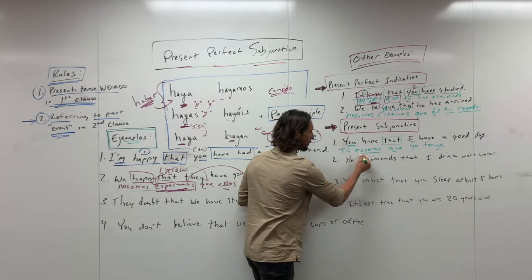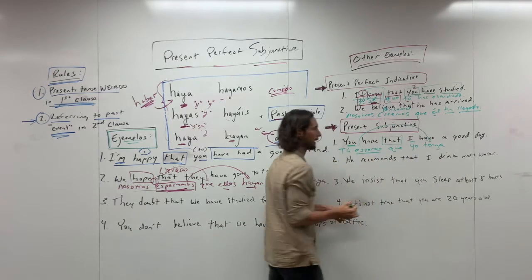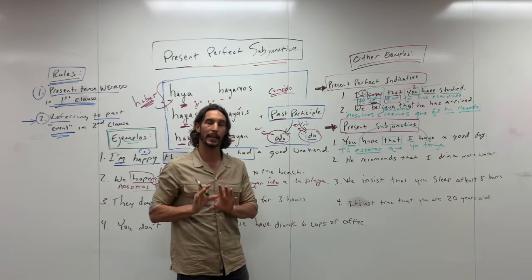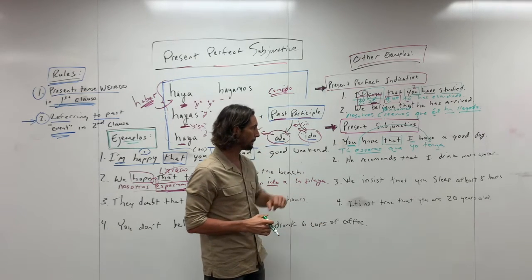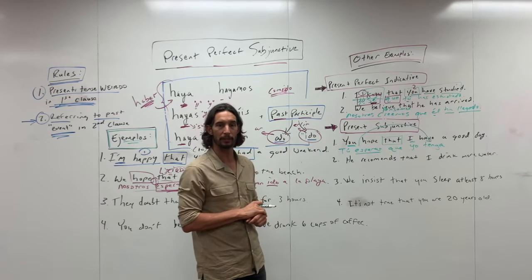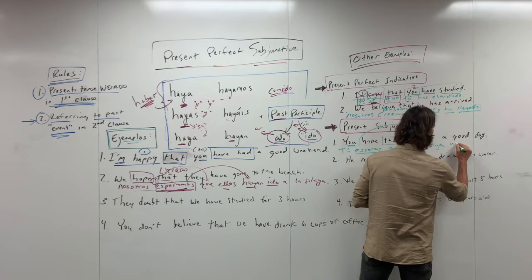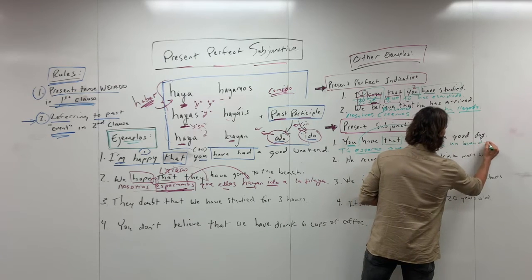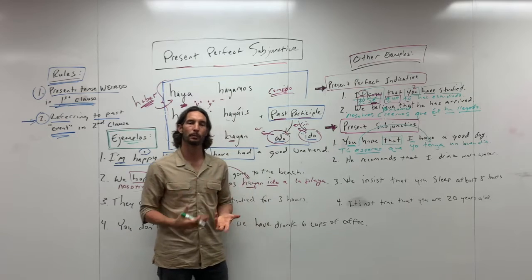Because again, I have a weirdo here that's obligating me to make that verb in the second clause subjunctive. And so, again, like I said, if you need those subjunctive rules, hit pause, watch the subjunctive video, and come right back. So, tú esperas que yo tenga un buen día, right? There you go. So that's the present subjunctive.